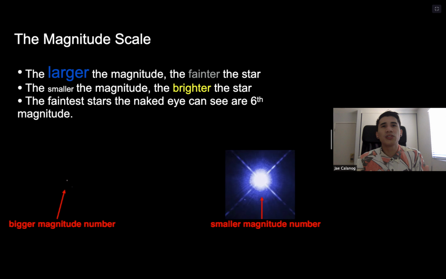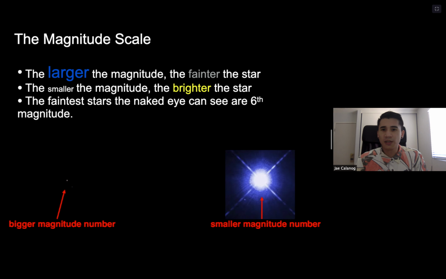In the magnitude scale, the larger the magnitude, the fainter the star, and the smaller the magnitude, the brighter the star. If you look at these two pictures on the bottom here, you can see that the star on the left is obviously fainter.